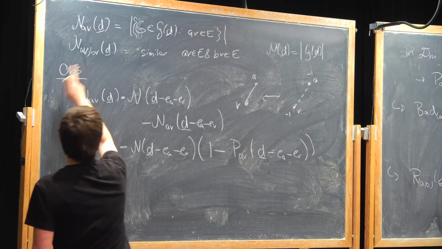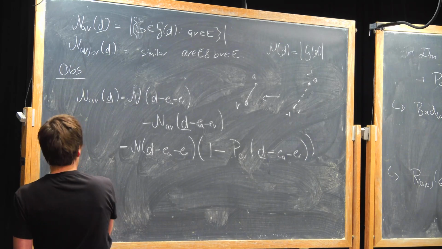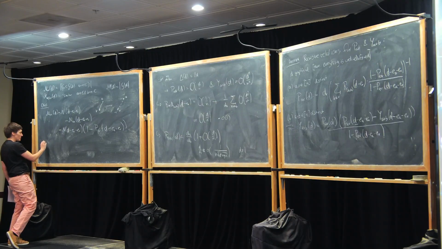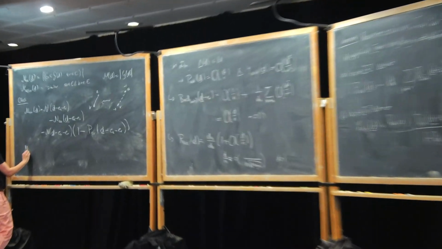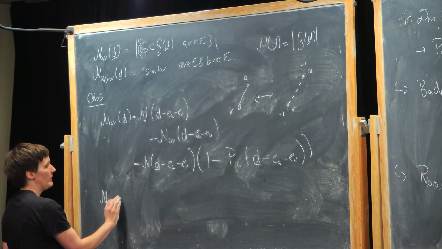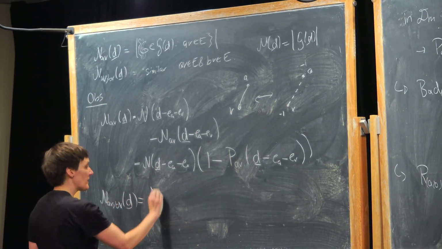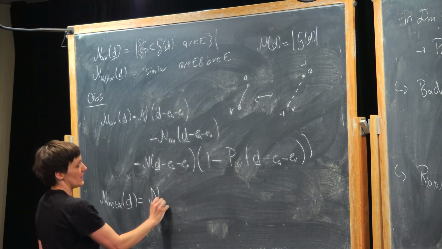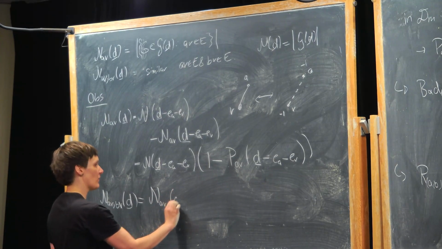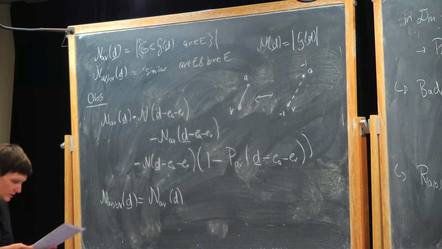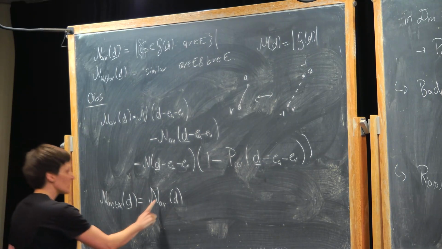And for these two edge path probabilities, you have the similar thing. So NAV BV of D is the number of graphs that have an edge. Wait, let me double check that I agree with my notes.